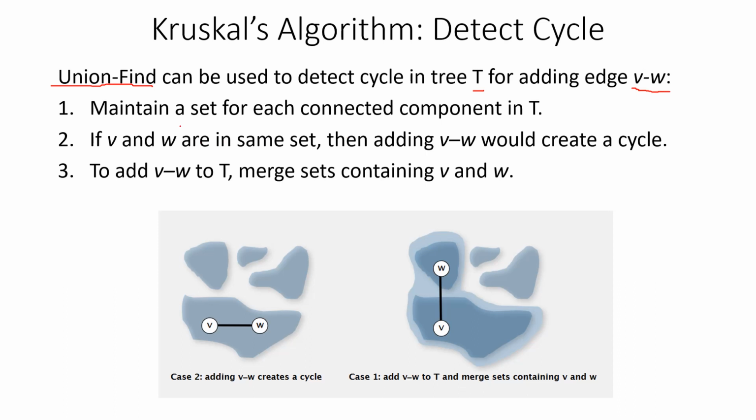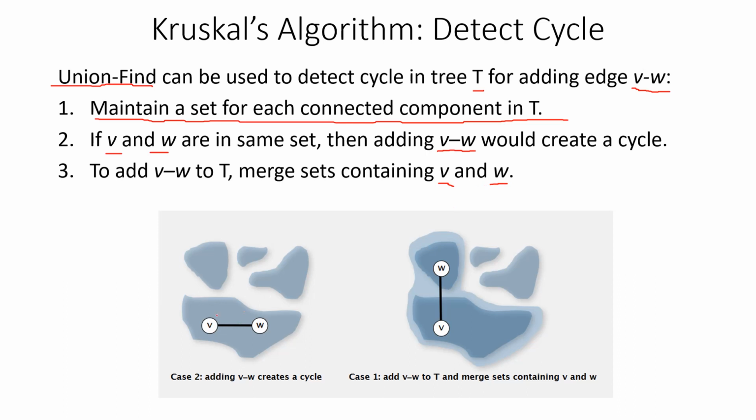We maintain a set for each connected component in T, and if V and W are in the same set, then adding the edge VW would create a cycle. If we add an edge between vertices from different sets, then we connect the two sets containing V and W.